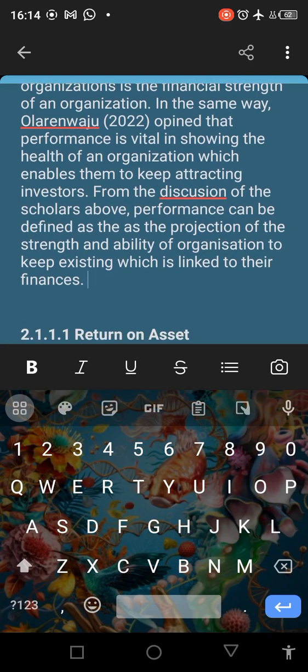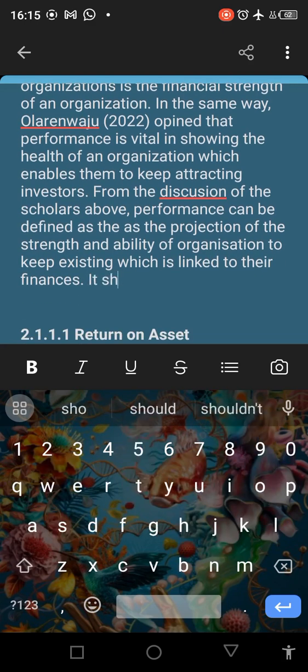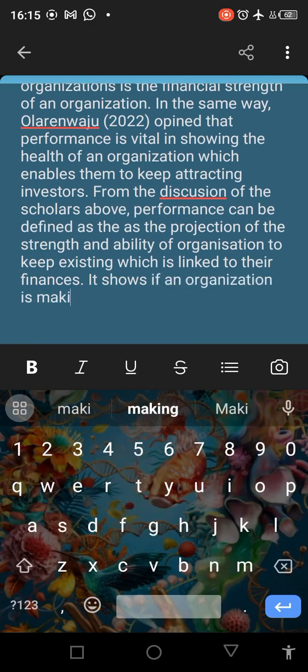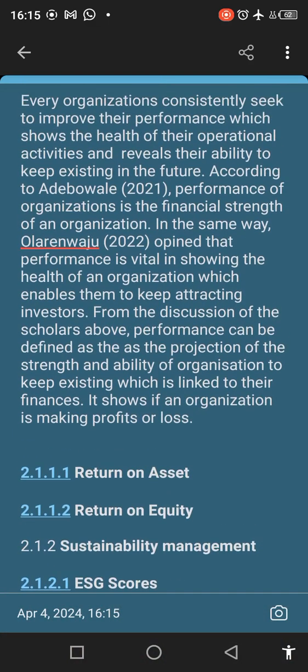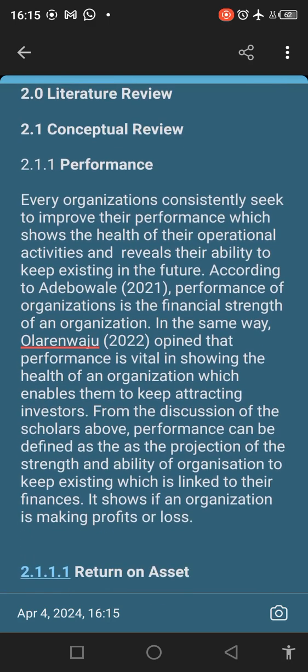Now, I might say it shows if an organization is making profit or loss. You understand? And then the discussion will keep flowing, falling into place like that.